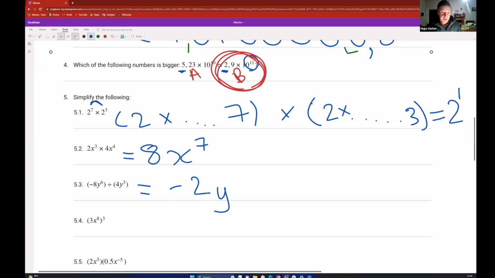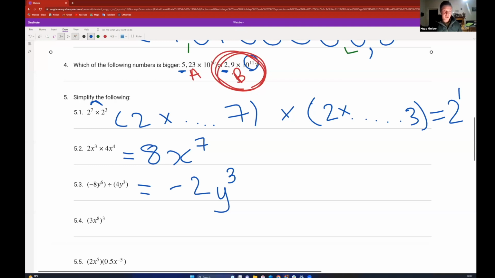I do see some 9s, but remember, division is the opposite of multiplication. Because we divide, we do minus, we don't add, and then the answer is -2y to the power of 3.